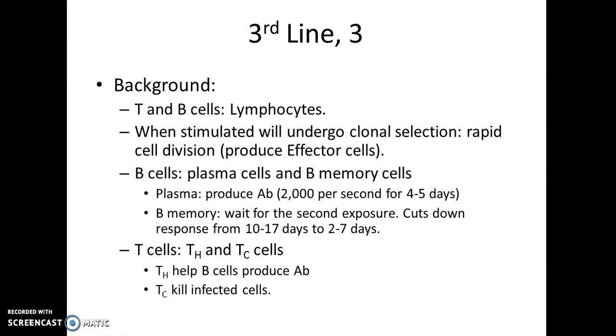Plasma cells will produce about 2,000 antibodies per second for about 4 to 5 days and die of exhaustion, whereas the B memory cells will just wait and wait and wait for a second time that you're exposed to the same antigen, and then they will be able to produce plasma cells almost immediately.